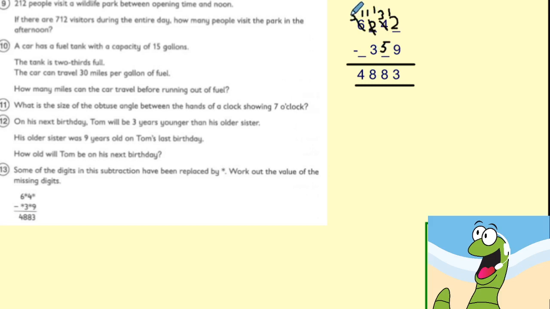So my full number is 6, 2, 4, 2, minus 1, 3, 5, and 9. So that's my answer. The ones that are missing are the 1, the 2, the 5, and the 2.